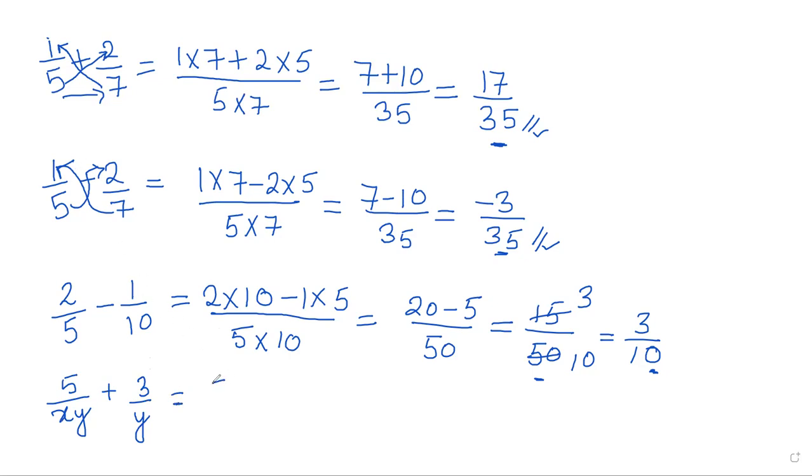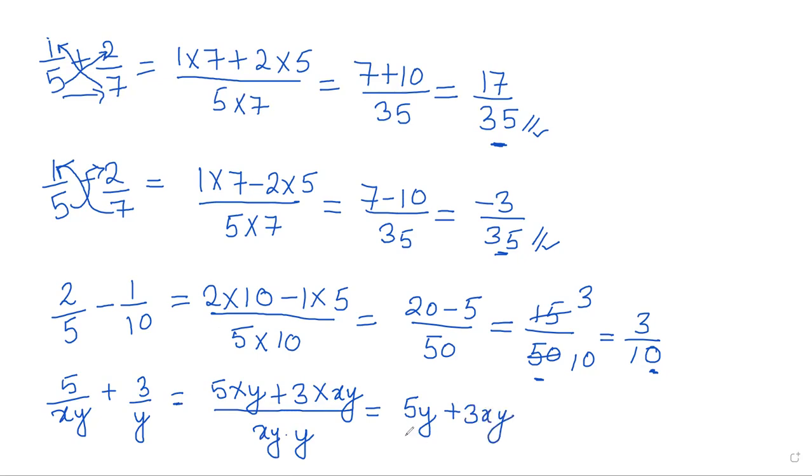If I do the same thing, I'll get 5 times y plus 3 times xy divided by xy times y. And in the numerator, you have 5y plus 3xy. And in the denominator, you have xy squared.